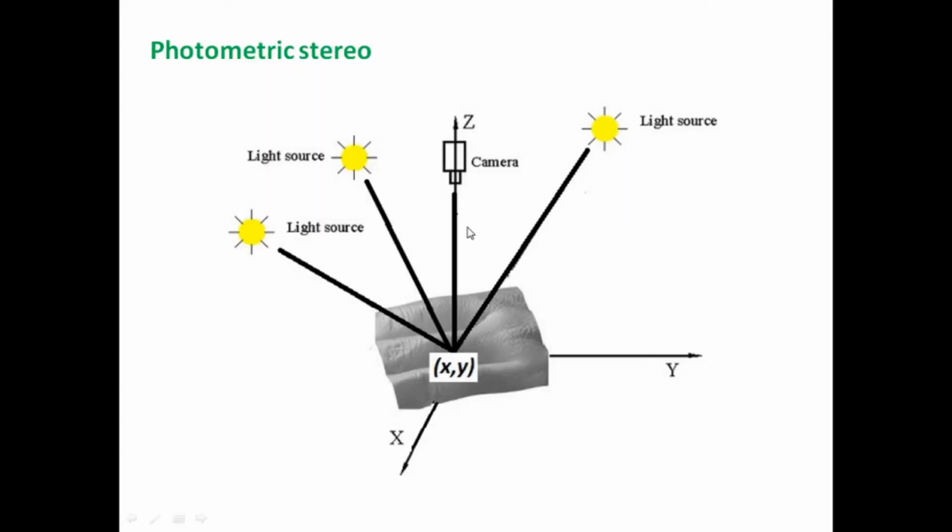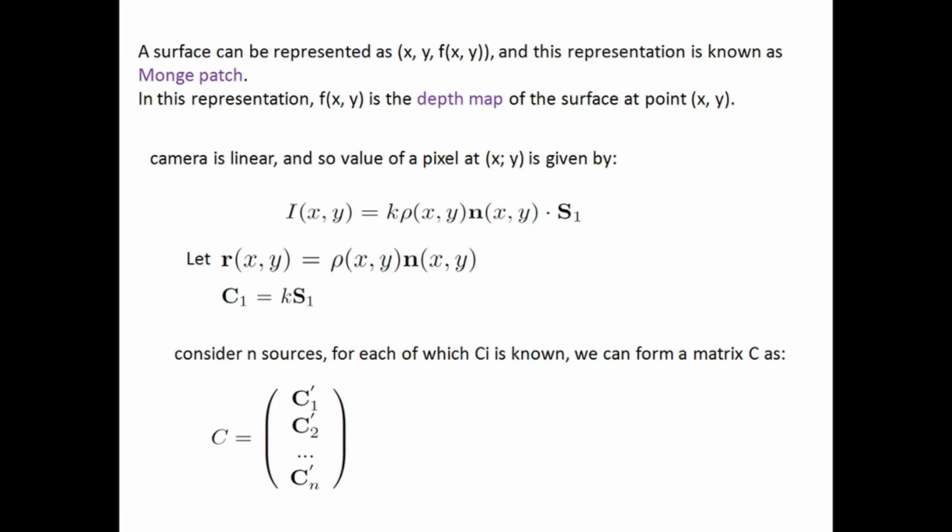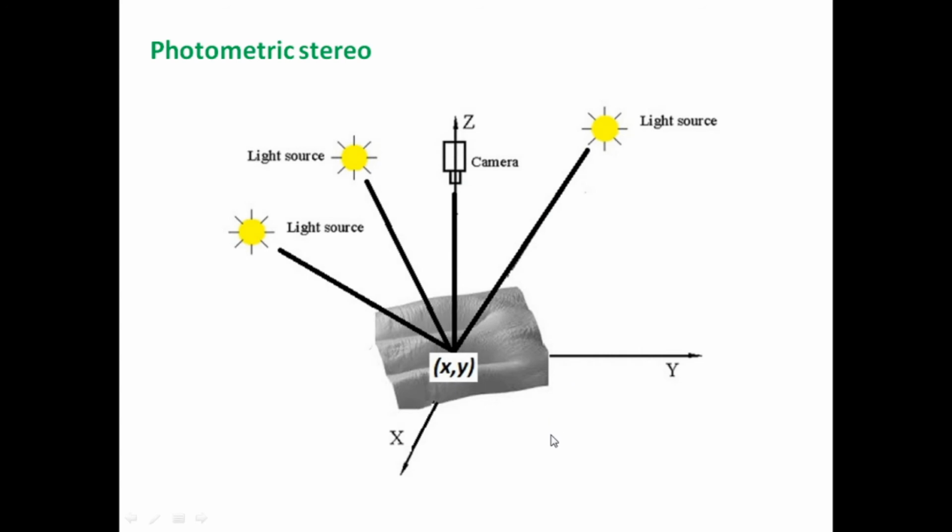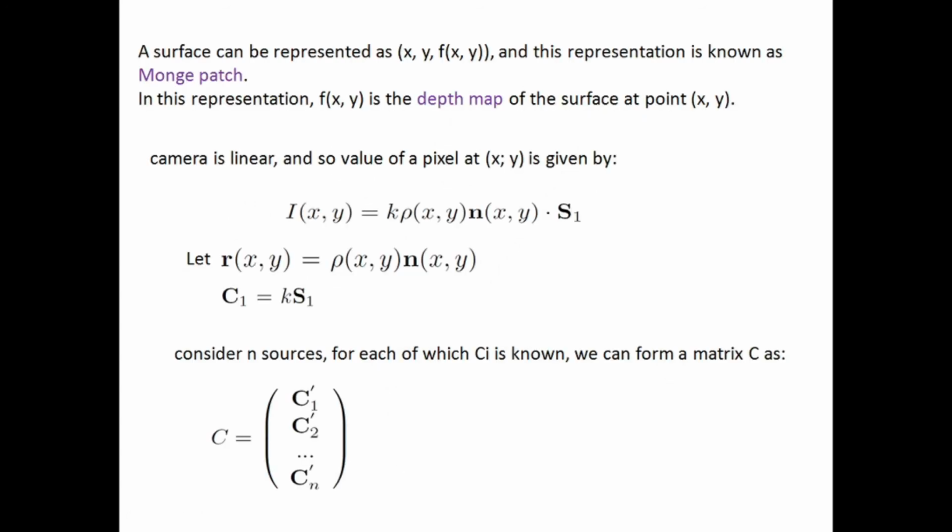In photometric stereo, I have light source 1, light source 2 and light source 3. Let me assume this is my x comma y coordinate, and my camera is placed here. So this surface is in the xy plane. Shall I represent my surface x comma y in the 3D coordinate system? f of x comma y is the intensity value, that is brightness.